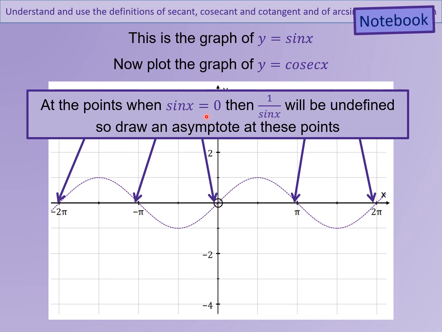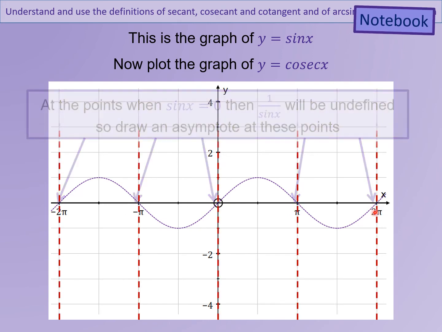So if sine x equals 0, then the reciprocal graph is not defined at all at those points. Now, if it's not defined, that's what creates an asymptote. So for the graph of cosec, I know for a fact that at these key points where the sine graph equals 0, it must have an asymptote.